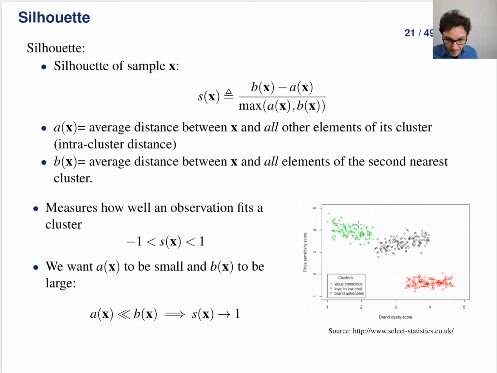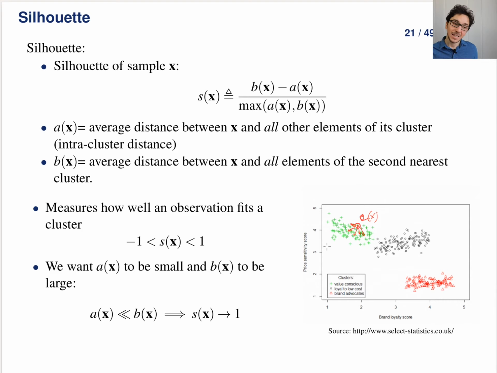So if we take, for instance, this sample here, we need to compute the distance with all the points of its cluster. So the distance between this close point, this other point, this other point, etc. And then we compute the average. This is what we obtain as the A of this point x here.